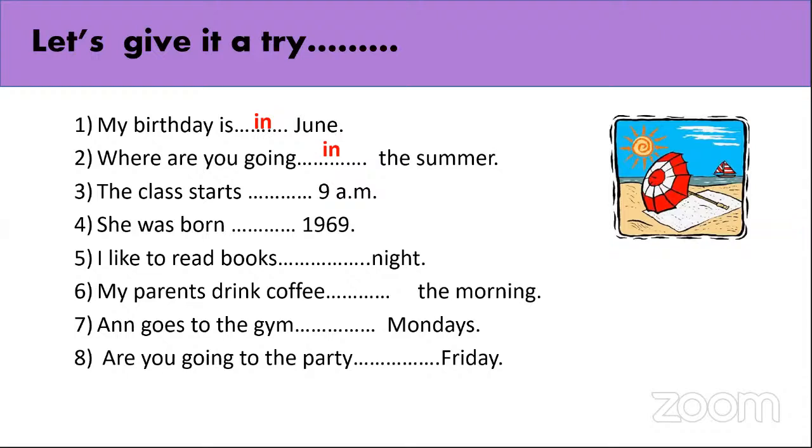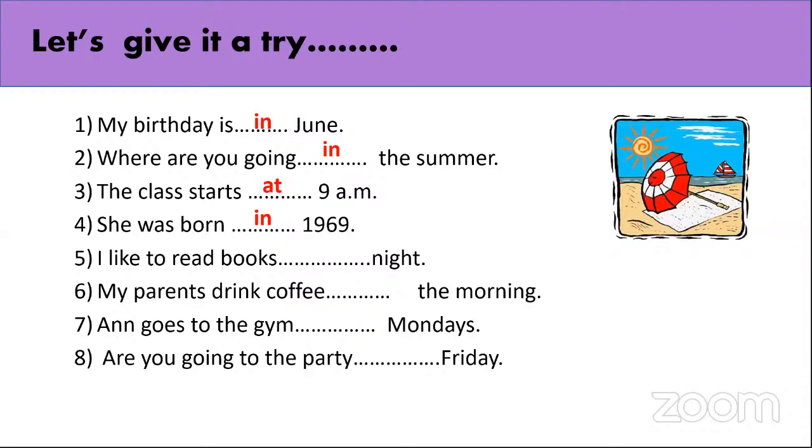Third one. The class starts at 9 a.m. Exact time is given. Fourth one. She was born in 1969.